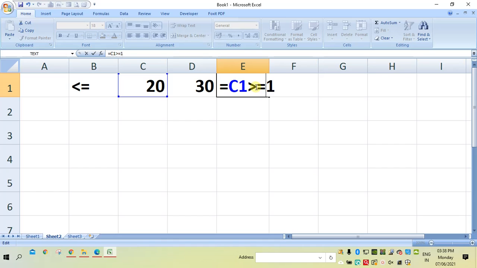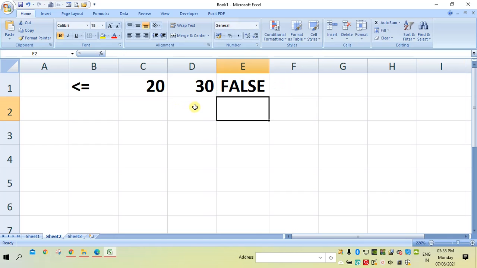So here it is comparing 20 and 30 and giving the result. So it is giving false because 20 is not greater than 30, not equal to. Suppose I make it 30, then it will give you true. This way we can use this formula, this symbol.